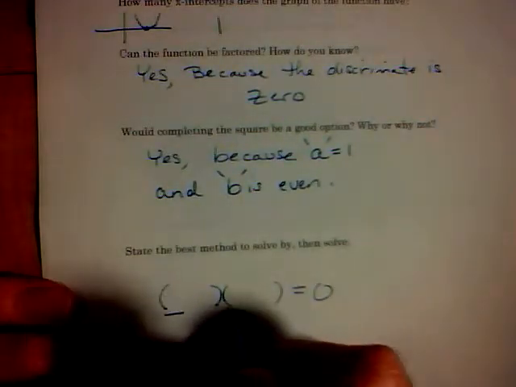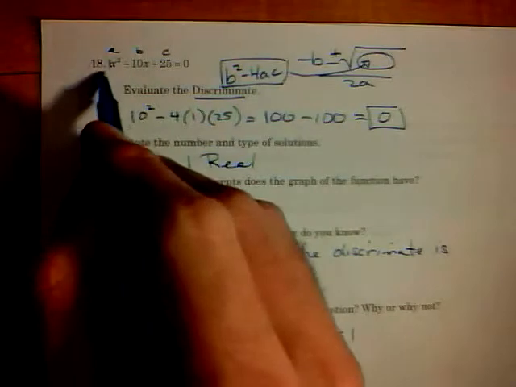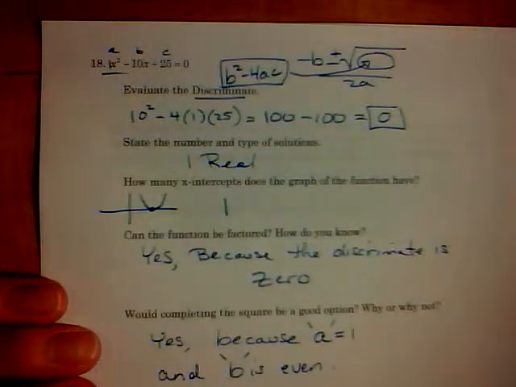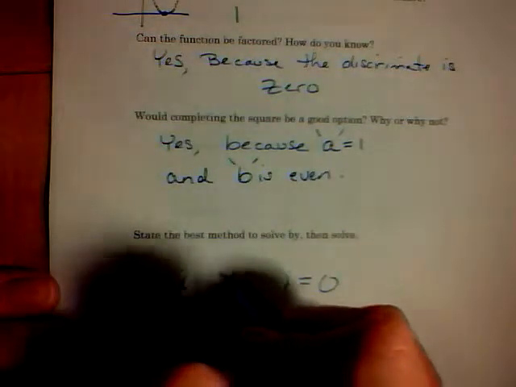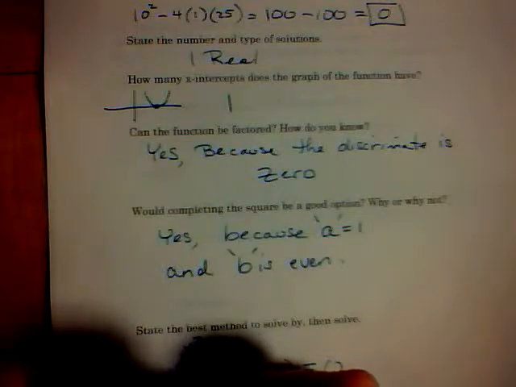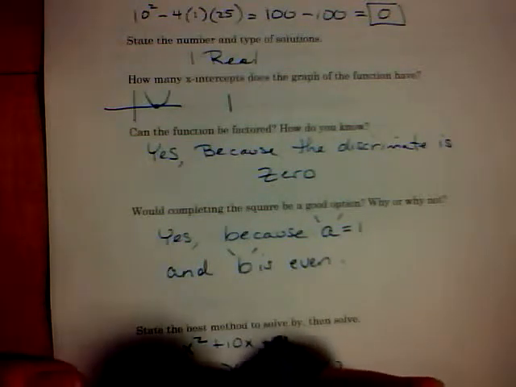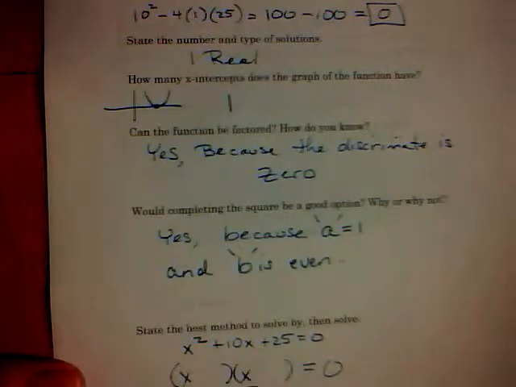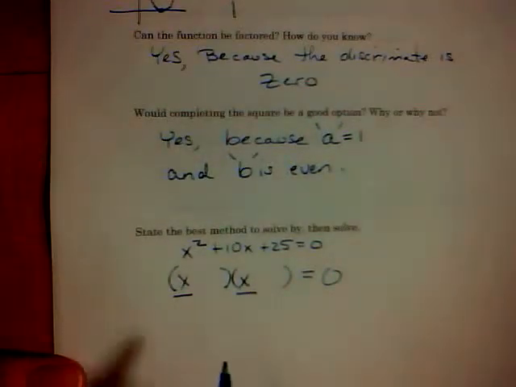That means the first term in each has to be the same, and it has to get you 1x squared. Well, what times itself gets you 1x squared? That is x and x. And actually, let me rewrite this here: x squared plus 10x plus 25 equals 0. That way we don't have to keep moving up and down.